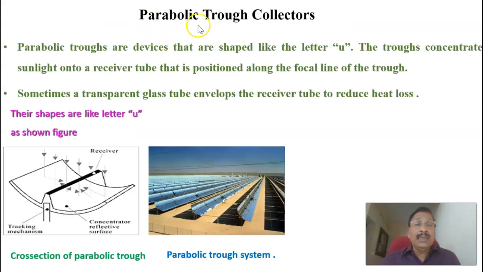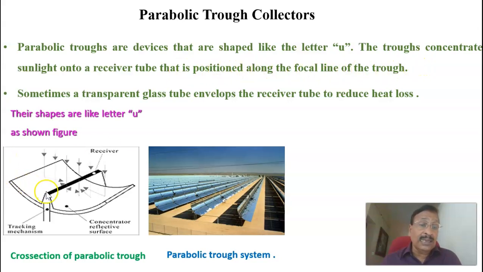Coming to the parabolic trough collectors, parabolic troughs are devices shaped like the letter U. The trough concentrates the sunlight onto a receiver tube that is positioned along the focal line of the trough.